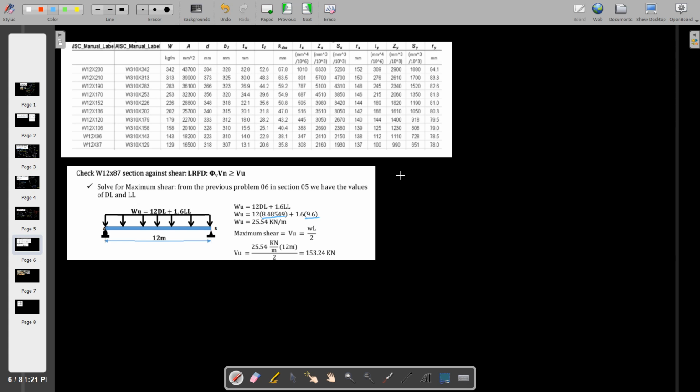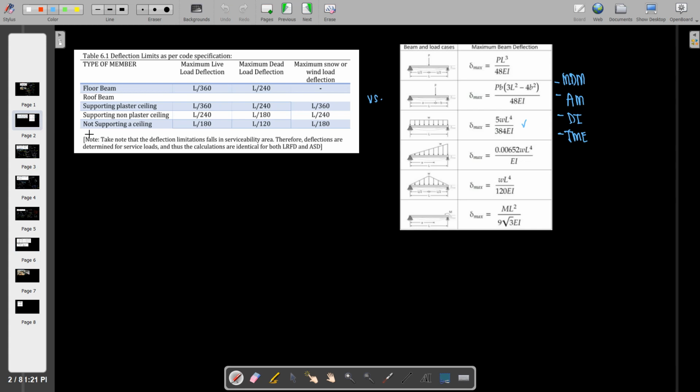We're going to check for your shear, okay? And I think we should also check for your deflection. So for your deflection, it should be noted that we concentrate on the live load, no? Pwede ka ring mag-concentrate sa dead load, okay?